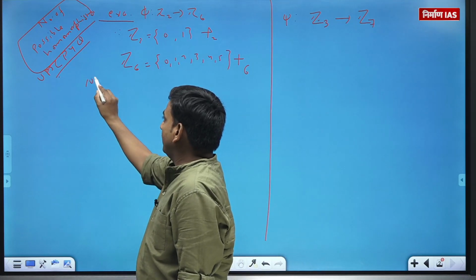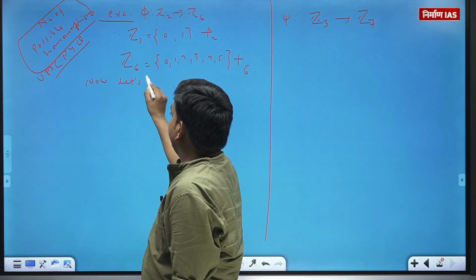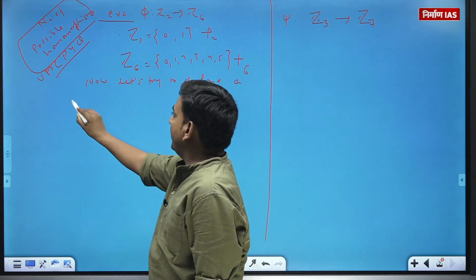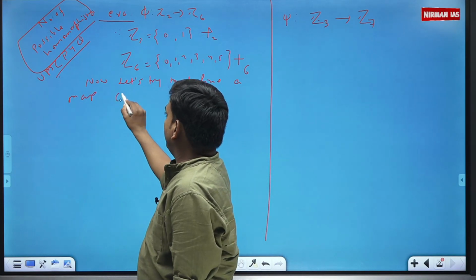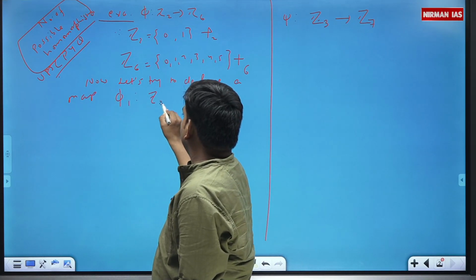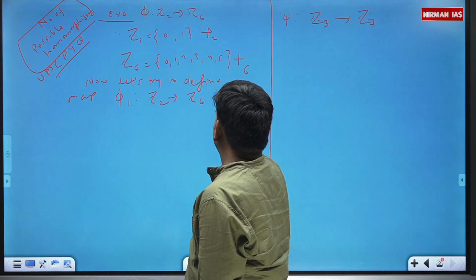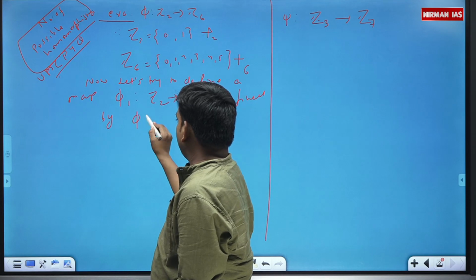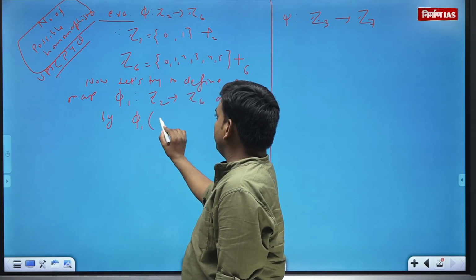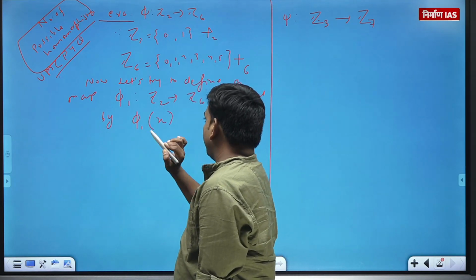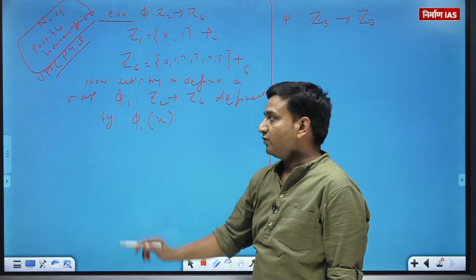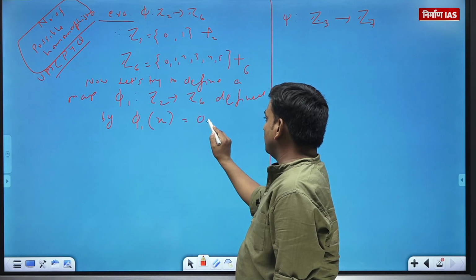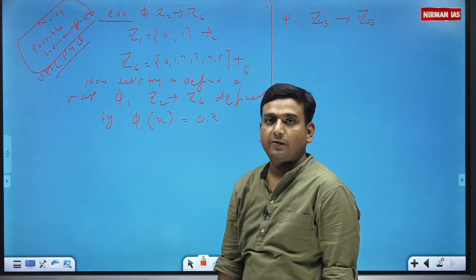Now let's try to define a map phi1 from Z2 to Z6 defined by the formula that phi1 of some element x goes to 0x.